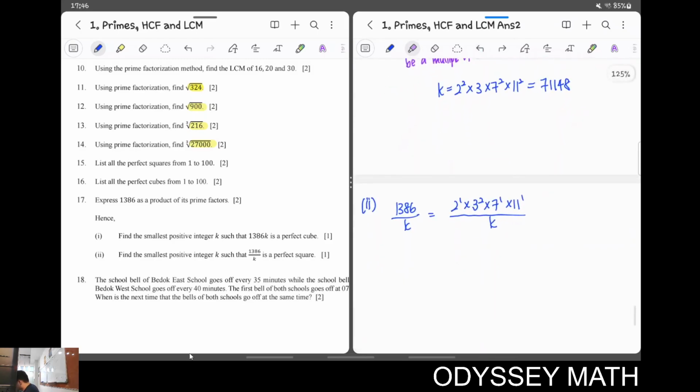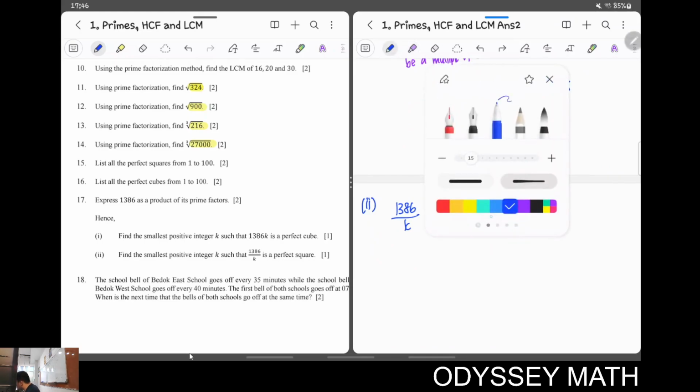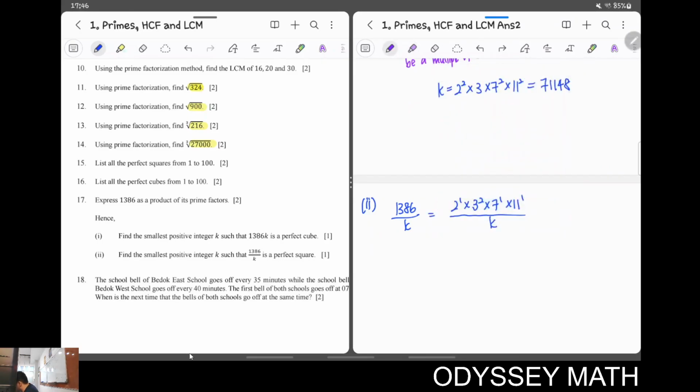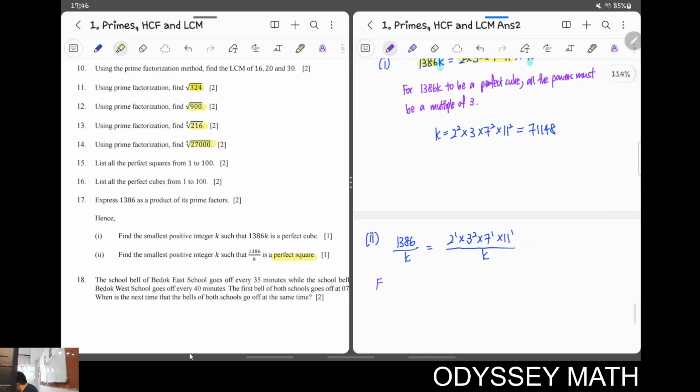So now, what we're going to do here is make a comment. We want it to be a perfect square. So in order for 1386 over k to be a perfect square, all the powers must be a multiple of 2.